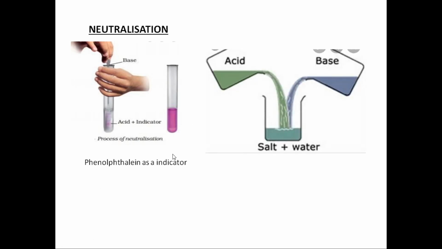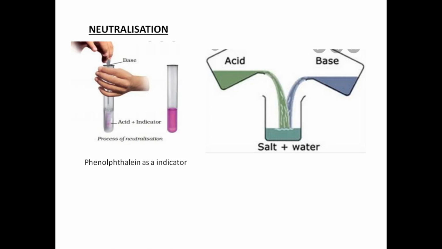Next we will go to the neutralization process. When we are adding acid to the base, what are we getting? Salt and water. Salt is formed and water is formed, and during this process, the container where this reaction happens will become heated, it will become hot.